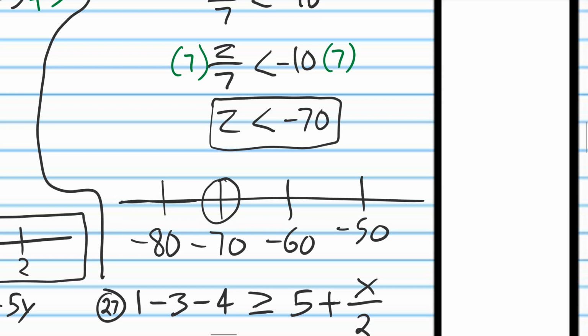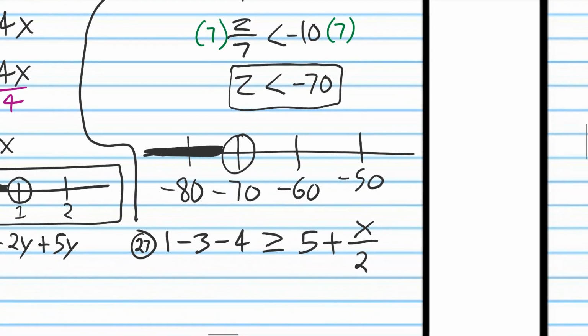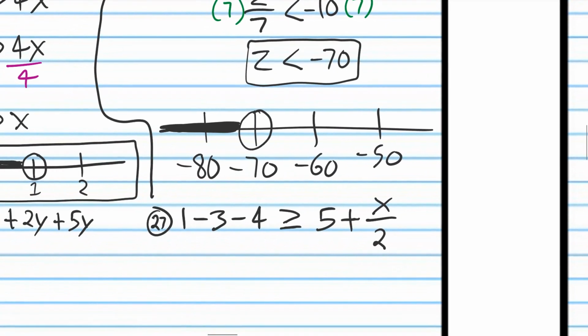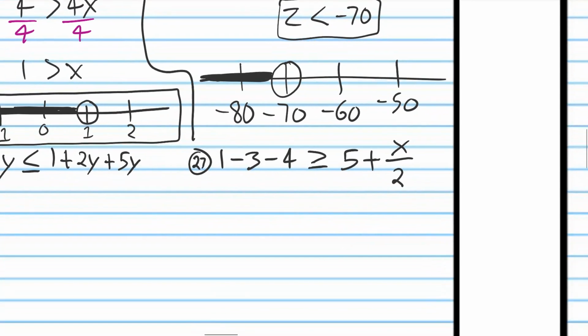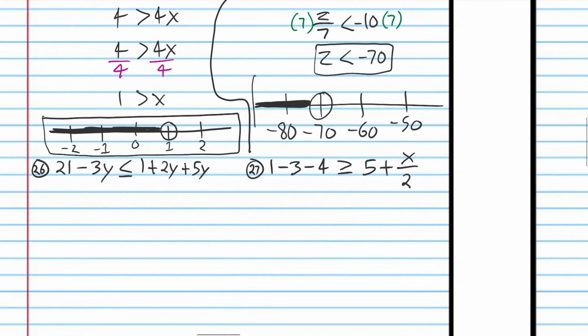So are you going to shade in here for Z, or are you going to shade in here for Z? Think about it. Z is less than -70. If you said over here, you're correct. All right. So again, it's really easy to get turned around with that. Go ahead and rectangle that.